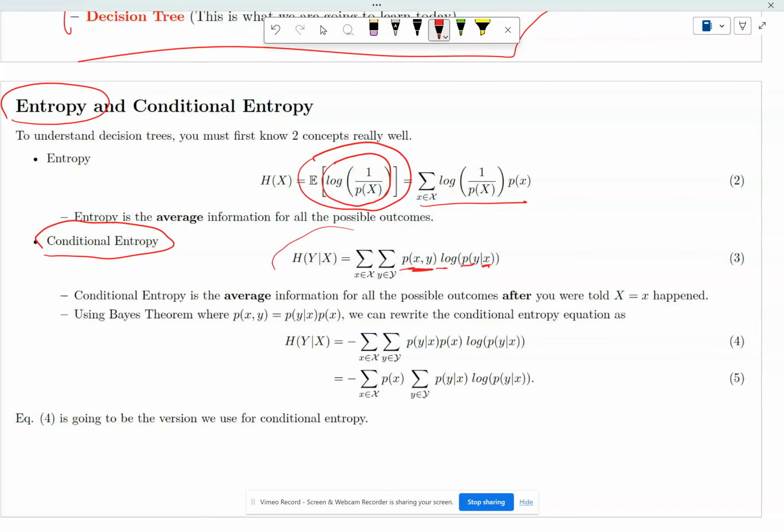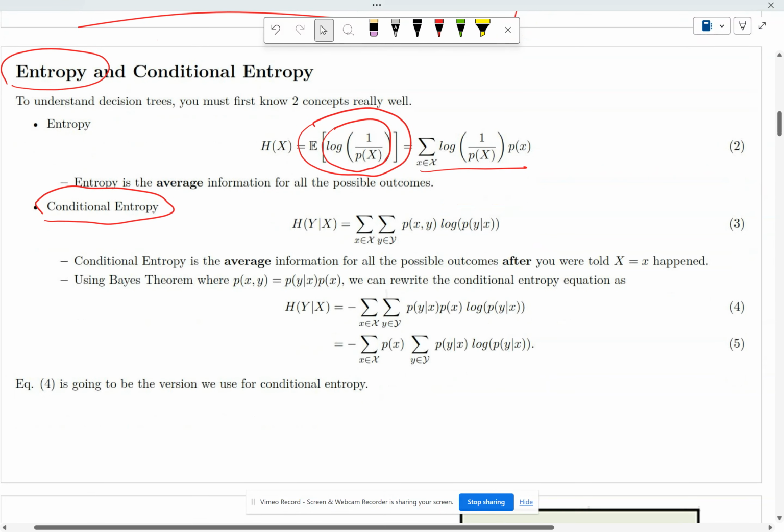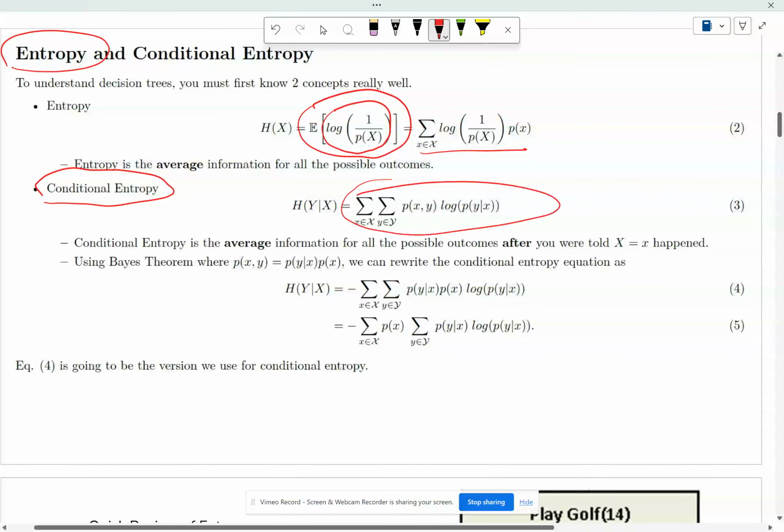This is kind of the information after you know x, so you can picture it that way. This is the equation for conditional entropy. We can use Bayes' rule for this joint distribution, which according to Bayes' rule is just the conditional times p of x. From Bayes' rule, you should be able to see how they are the same.